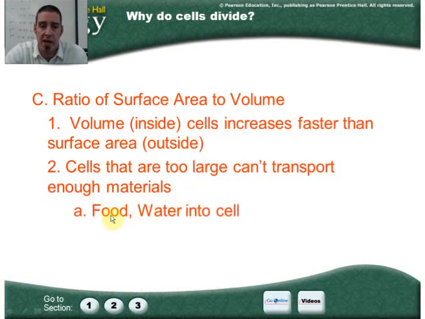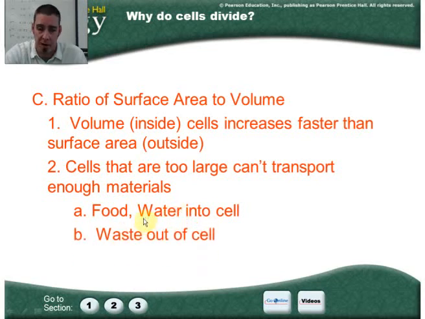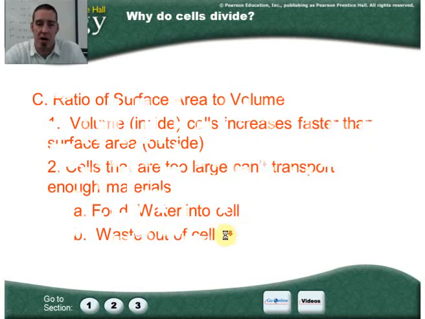So we have issues getting enough food in the form of glucose to the center of a large cell. And then we have a water issue, also diffusion of water, osmosis in and out of the cell. We've got to get all the waste out of the cell because that CO2 could poison cells if it doesn't diffuse out quickly enough.